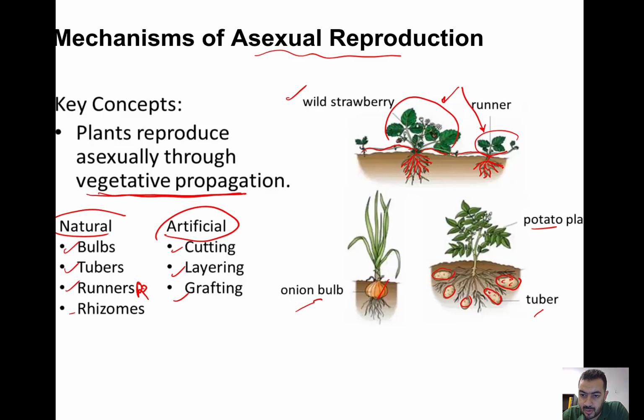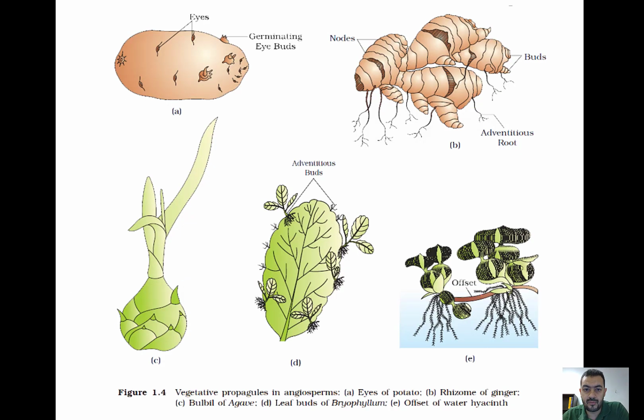If you cut chunks of the potato and put them in another place, each will grow into a potato plant if the chunk contains the eye or the buds. So again, this is an example of asexual reproduction.